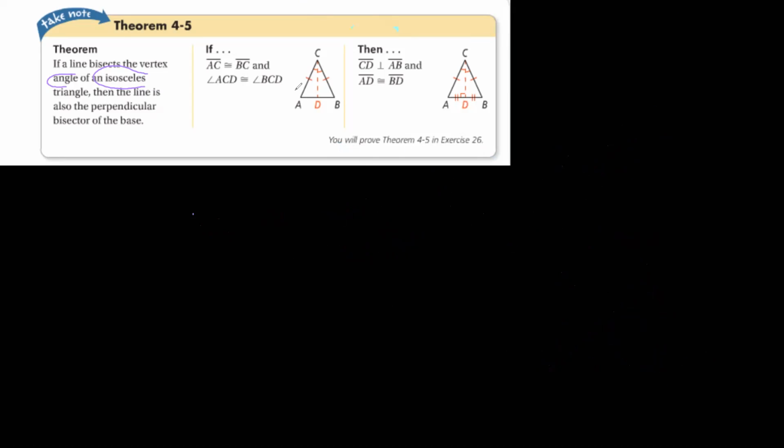If we have this triangle, which is A, B, and C, and there's a line that cuts the vertex angle into two equal halves in an isosceles triangle.